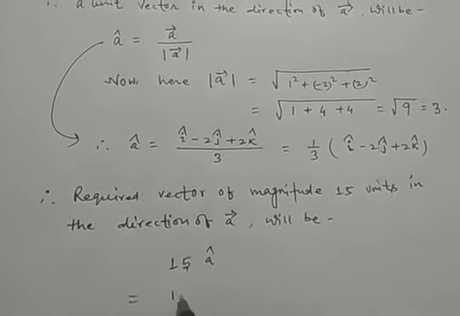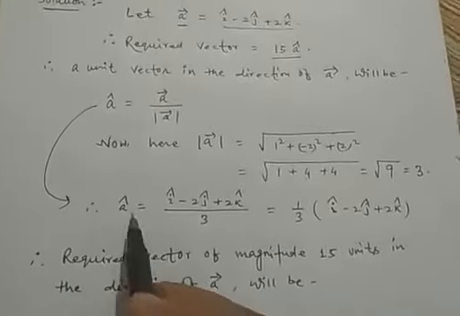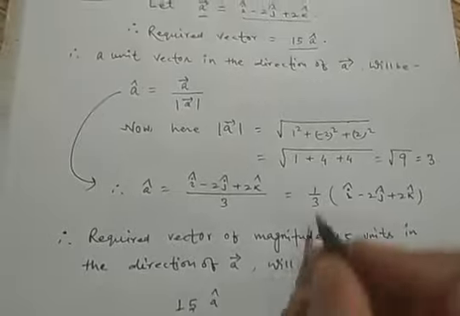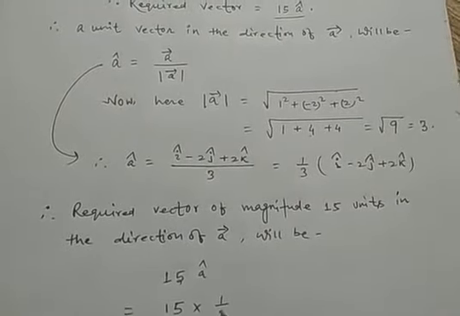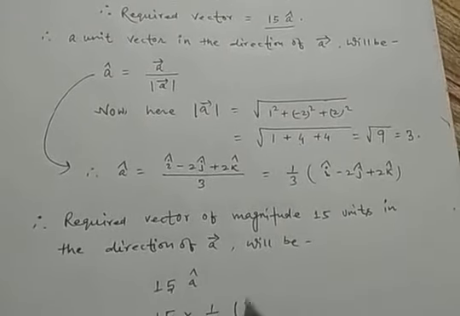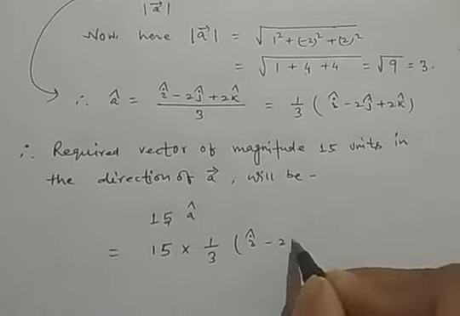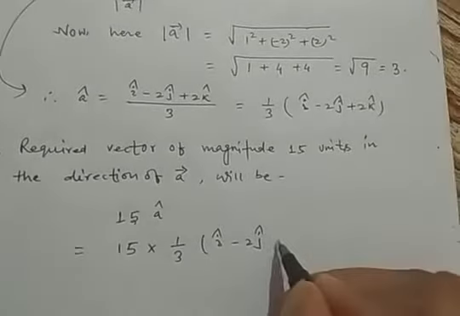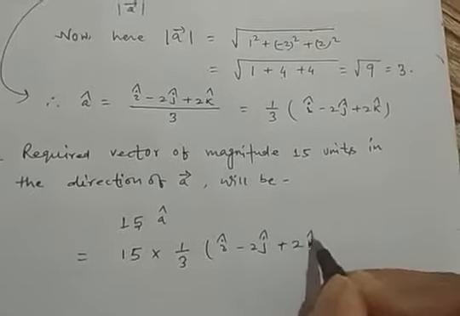So equal to 15 into the value of A cap, which is 1/3 into i cap minus 2j cap plus 2k cap.